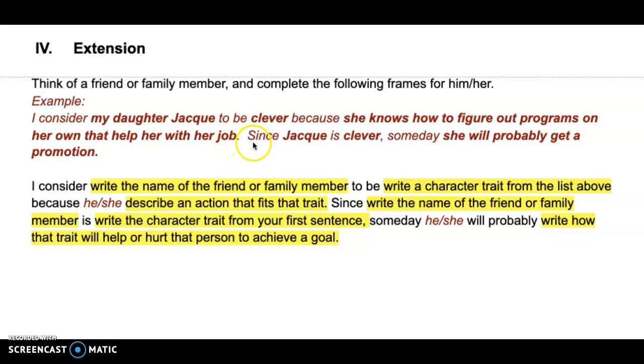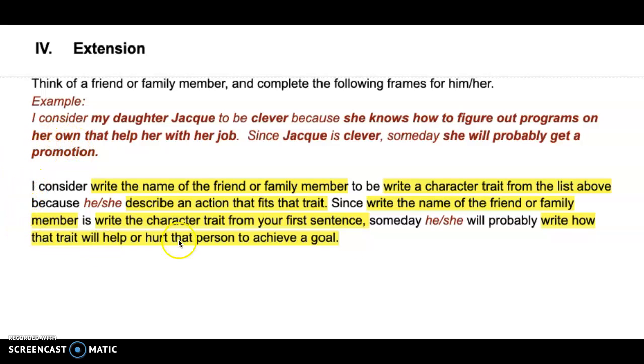Now I'm going to do the analysis. Since Jackie is clever, someday she will probably get a promotion. So that would be something that she didn't have right as I wrote this, but I'm feeling like because of this character trait of hers, it will get her a promotion in the future.